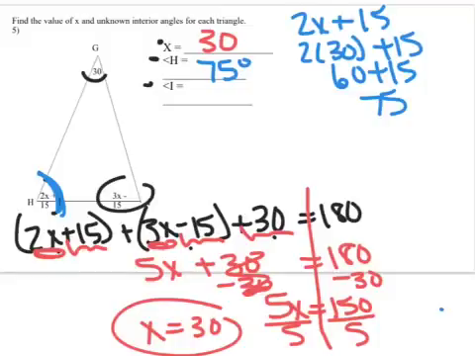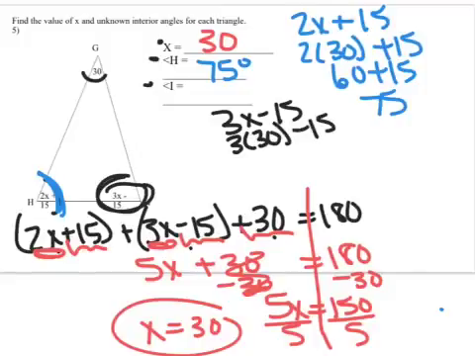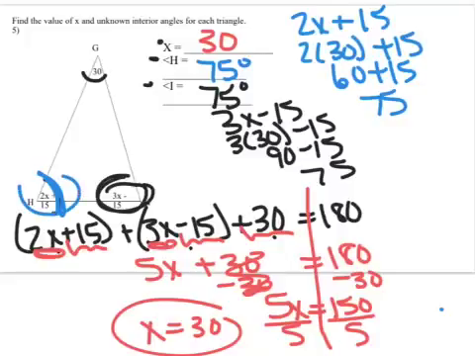And then angle I was down here, so 3x minus 15. x once again is 30, so 3 times 30 minus 15. So 90 minus 15 is 75. So angle I is 75 degrees. If you wanted to check yourself, H is 75, plus I is 75, which is 150, plus G, which is 30, will give us 180 degrees for the triangle.